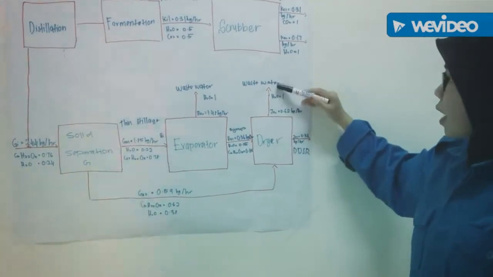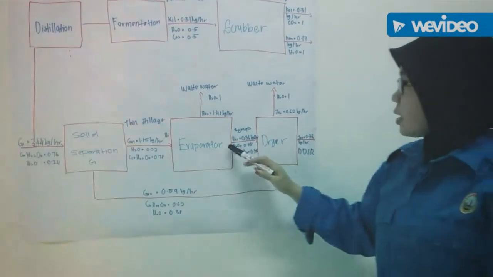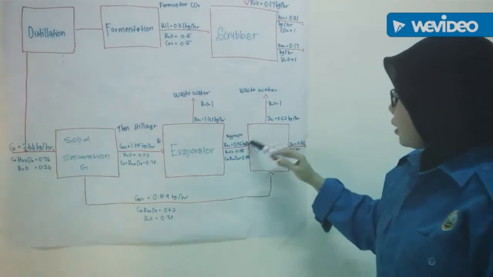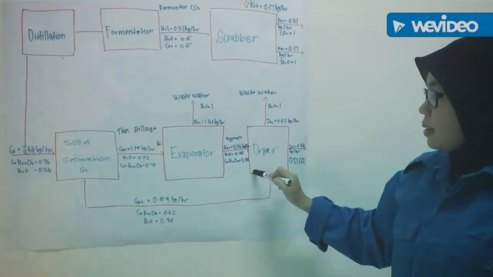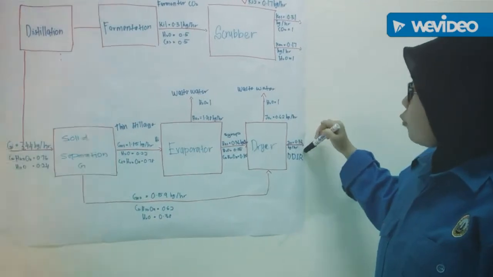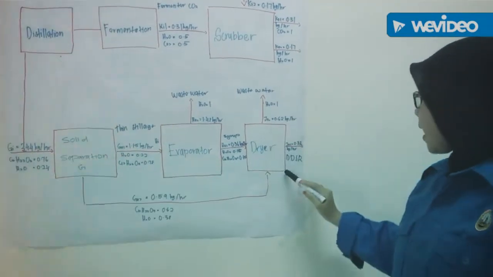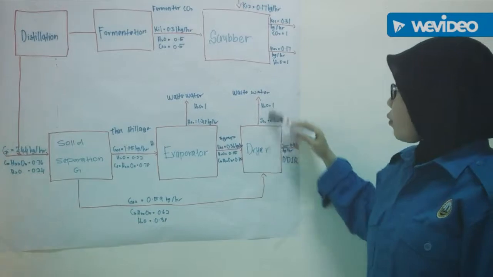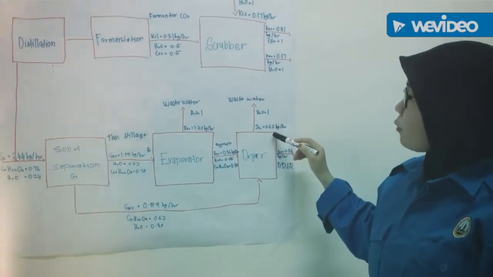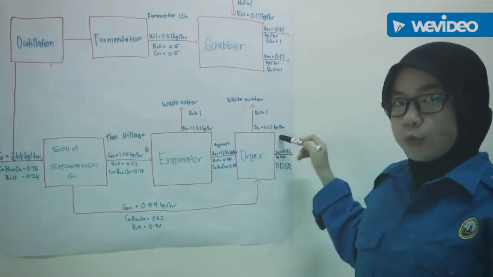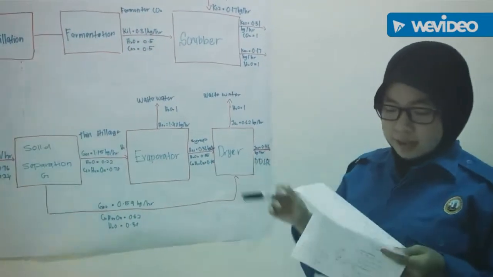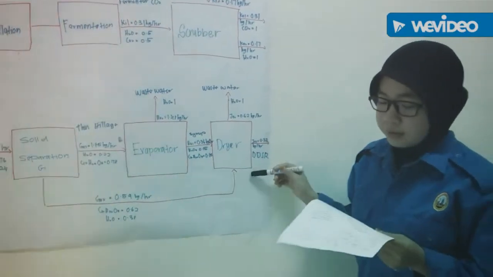From the dryer, we have two inputs and also two outputs, which are the input from the syrup and the wet cake. The syrup is what I have explained just now. Then the outputs are wastewater and DDGS. For wastewater, it's the same, but the mass flow rate is 0.62 kg per hour.